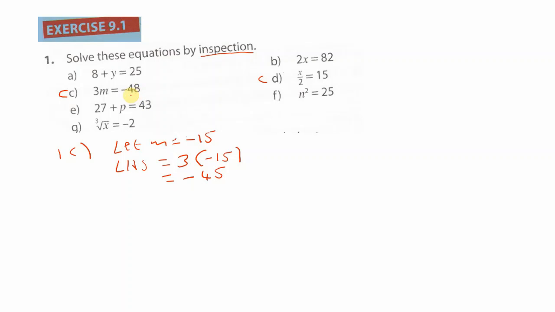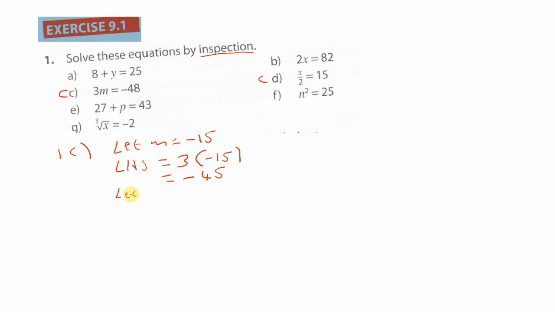But we actually need negative 48, so this negative 15 will give an answer that is not negative enough, so we need to multiply by a bit of a bigger negative number. So let's try m equals negative 16.